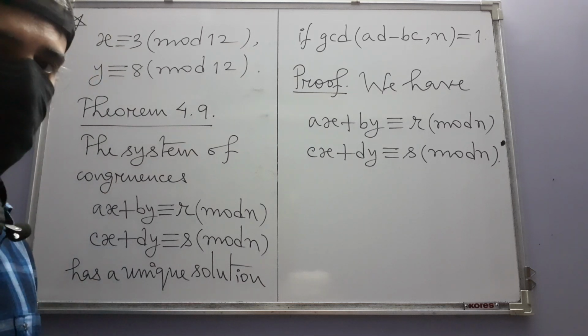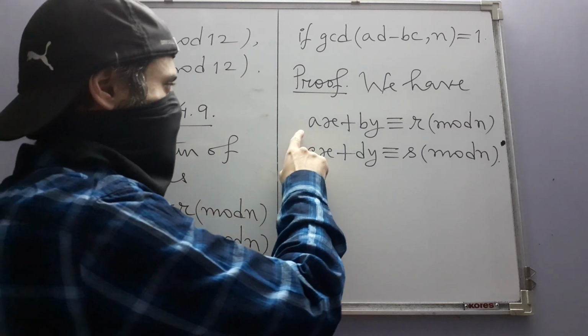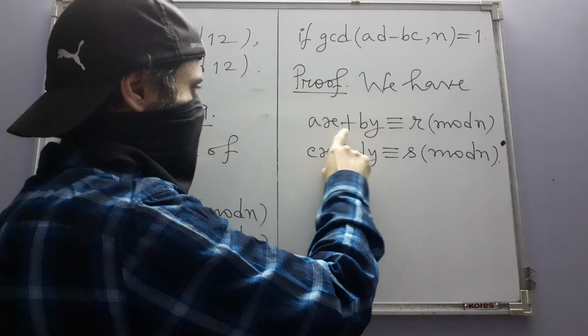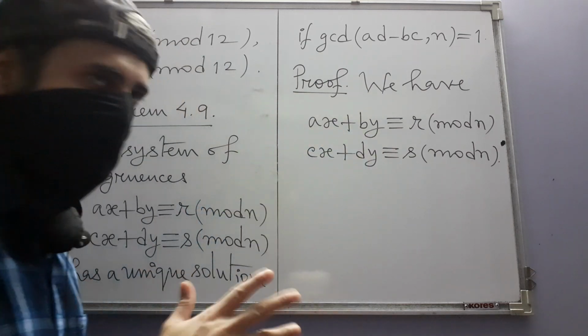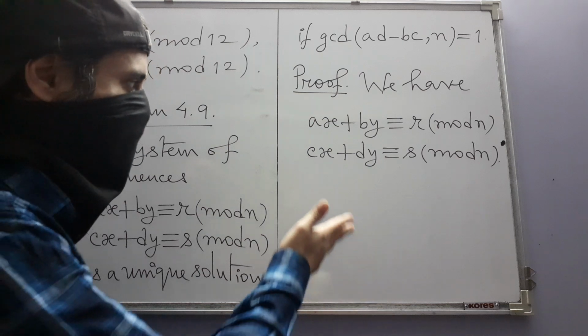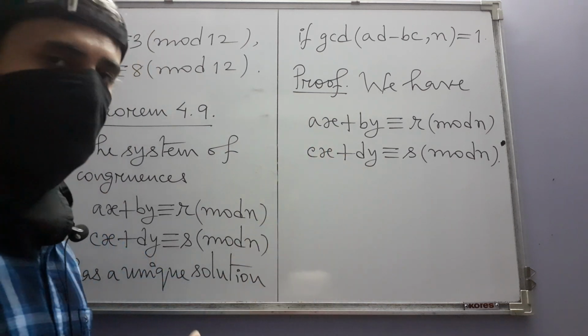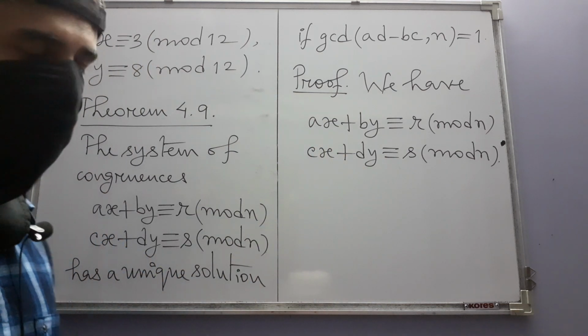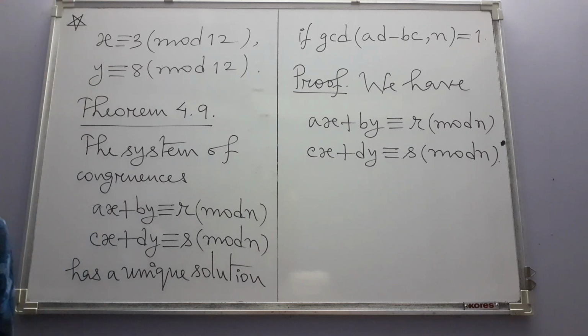For that, what should we do? You multiply the first congruence by D, the second one by B, and then subtract the second one from the first. In fact, let's just write that.